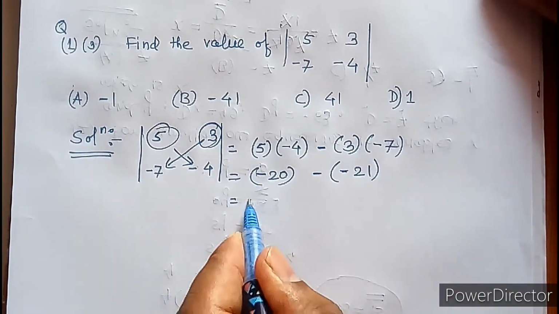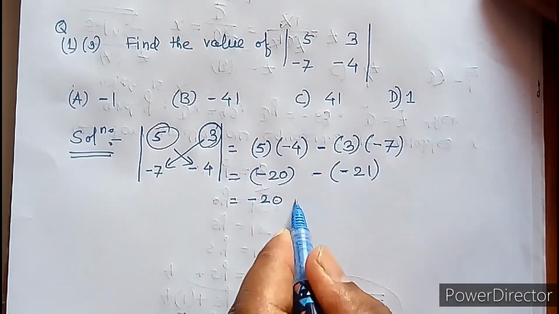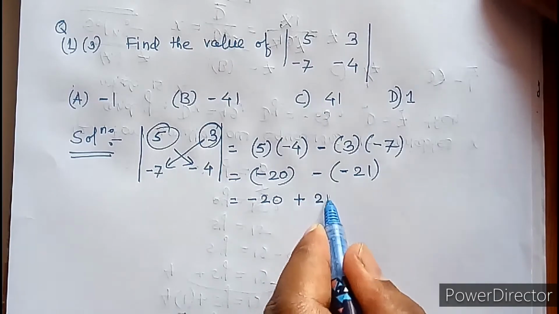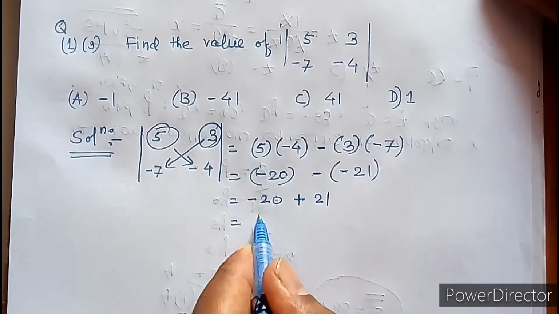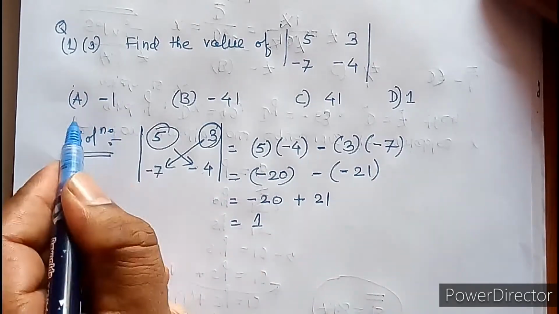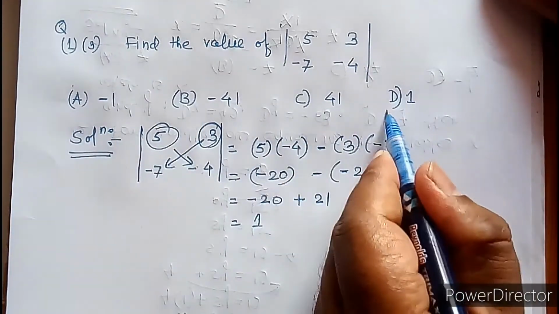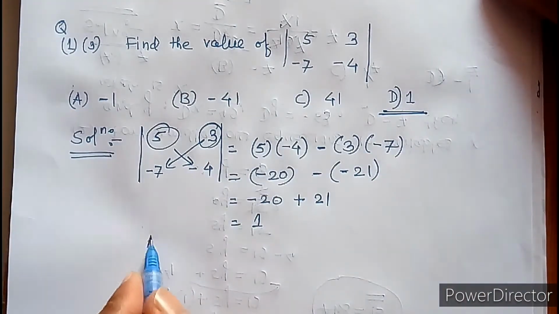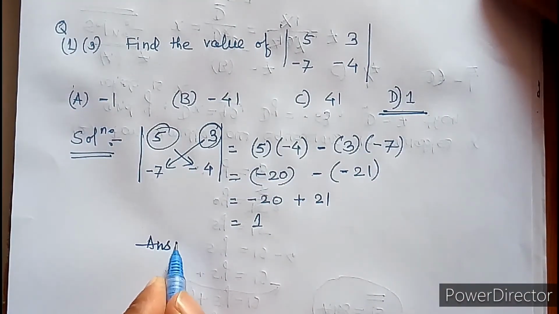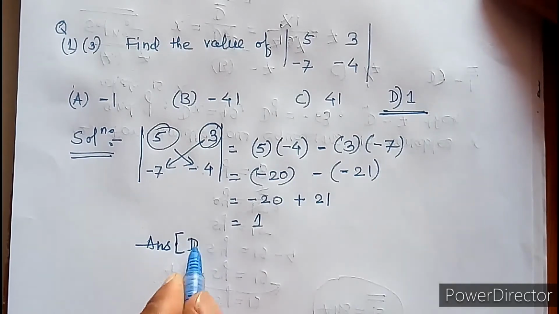Now here minus 20, as it is minus minus, it will be plus 21. Now here minus 20 plus 21, the answer is plus 1. Now here out of 4 alternatives, this answer is 1. Therefore our answer of this question is D. Therefore write down answer D.